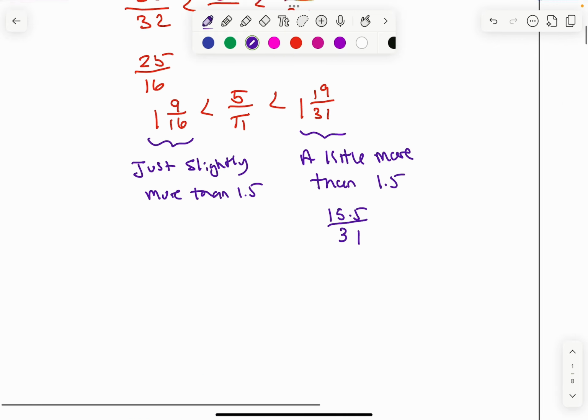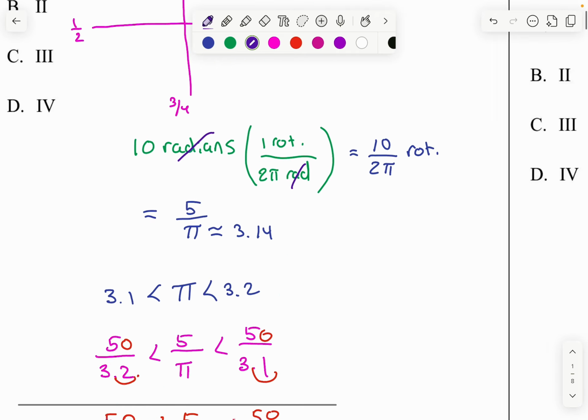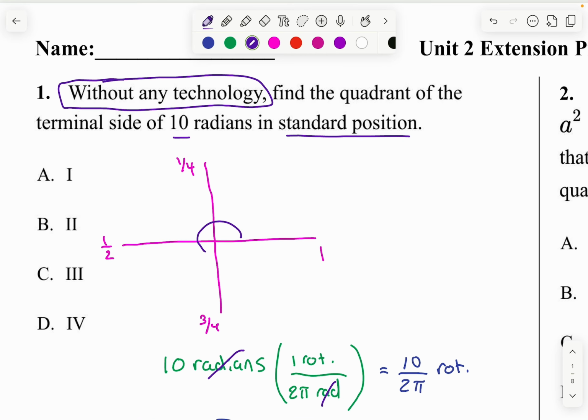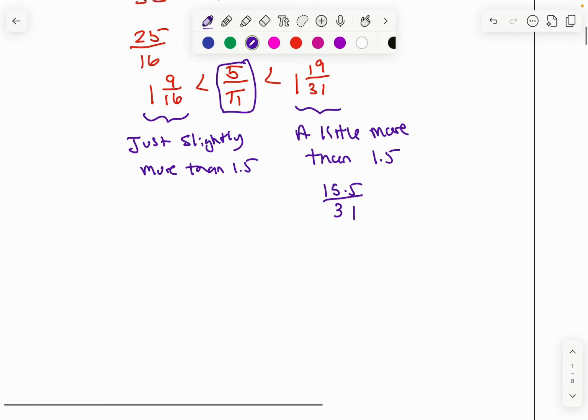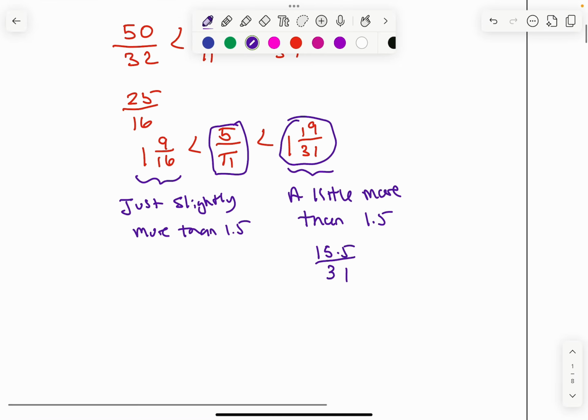So look, I know that 5 over pi is that many rotations, it's in between a number of rotations that's a little more than 1.5. So 1.5 brings us here. So it's slightly more than that. But it's not bigger than this, and this is clearly less than 1 3/4.